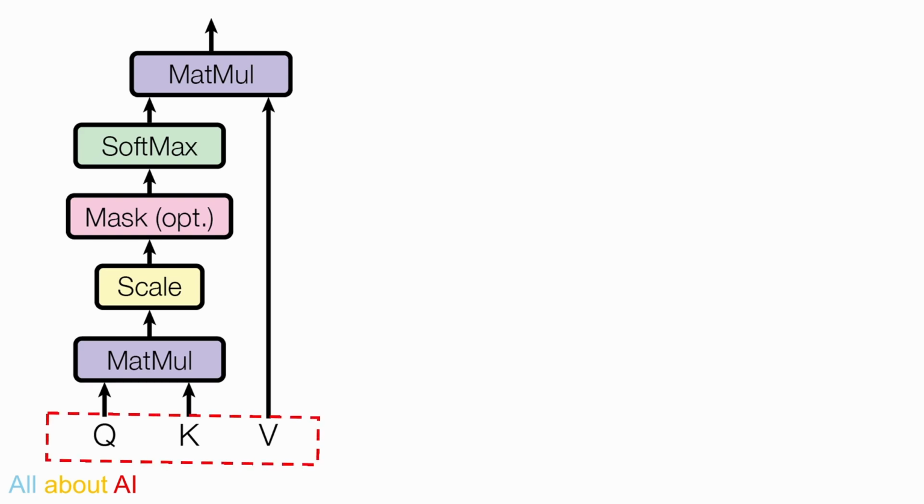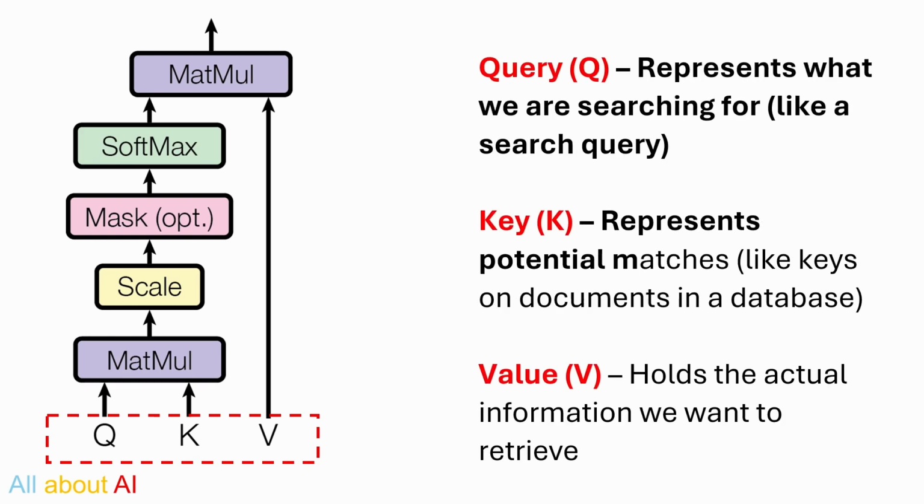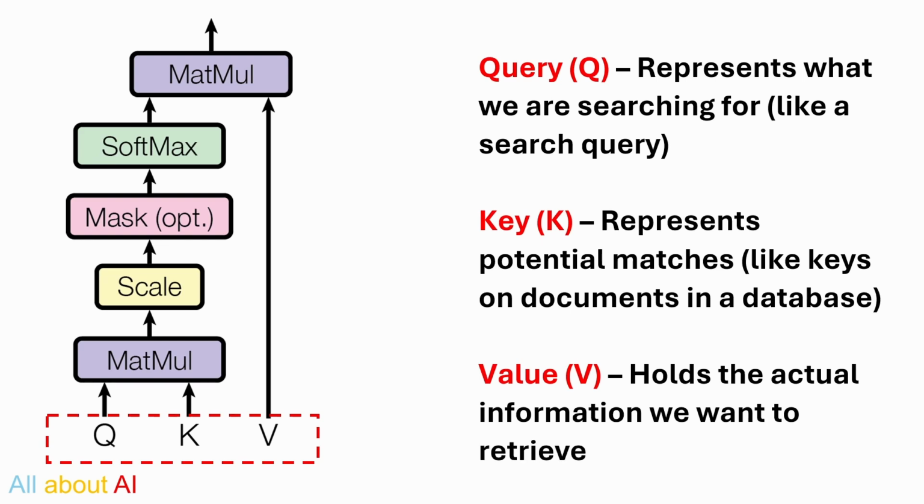Now the question is, what are these Q, K and V? These are the main building blocks of the transformer architecture. Q stands for query, K stands for key, and V stands for value. So query represents what we are searching for, like a search query.